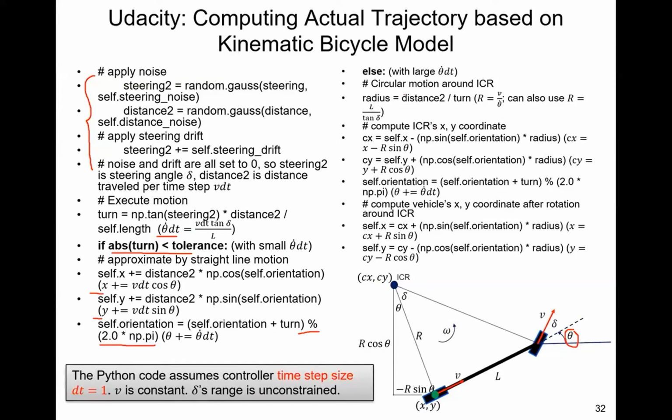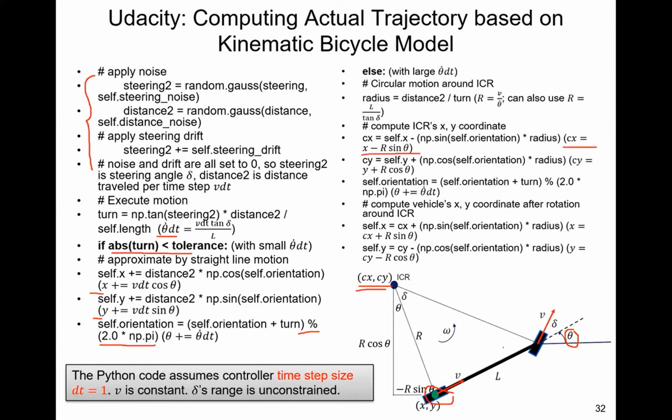Then for the circular motion, the computation is done by first deriving, from the rear wheel position xy, the coordinate of the ICR, the instantaneous center of rotation, cx and cy, based on this formula here.